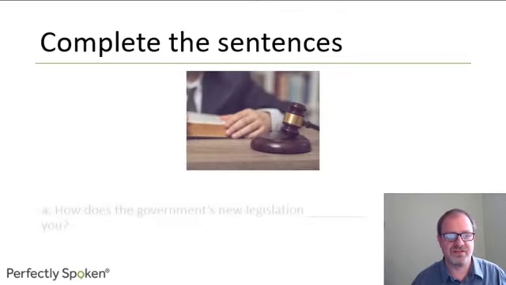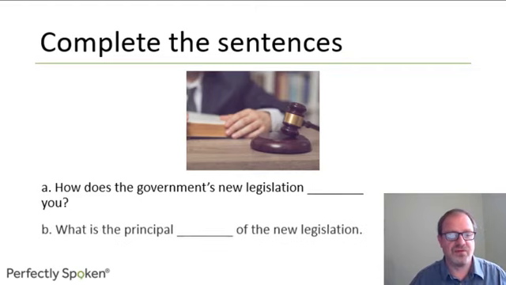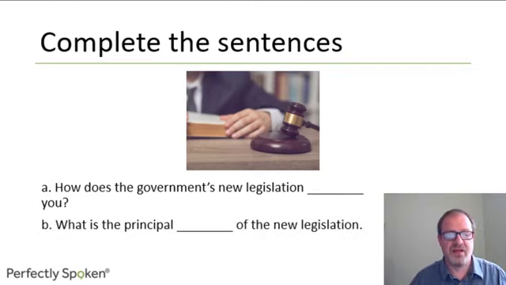So let's have a look at the two sentences. A, how does the government's new legislation something you? And B, what is the principal something of the new legislation? So the first one, are we looking for a noun or an adjective, a verb, sorry.